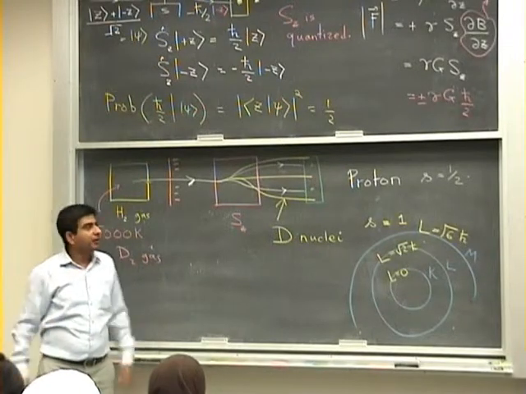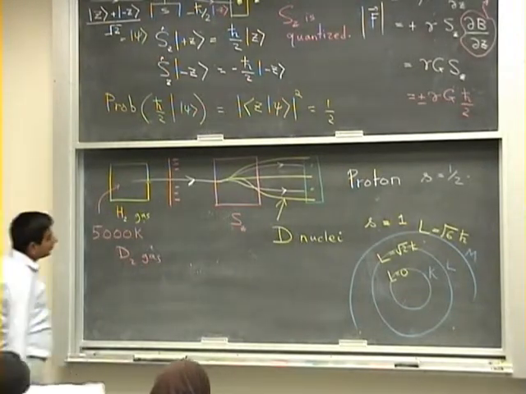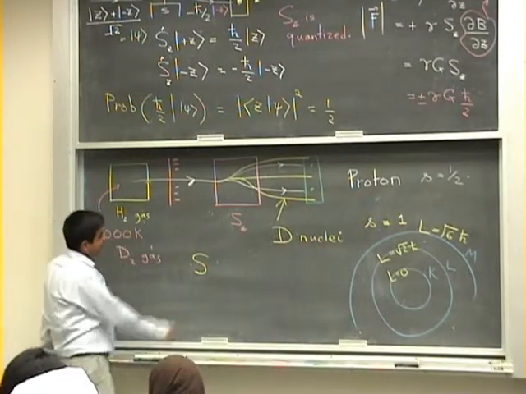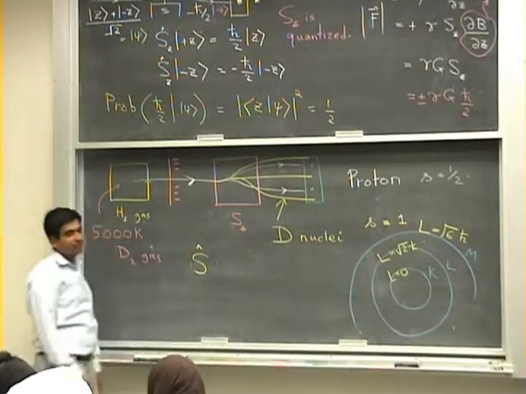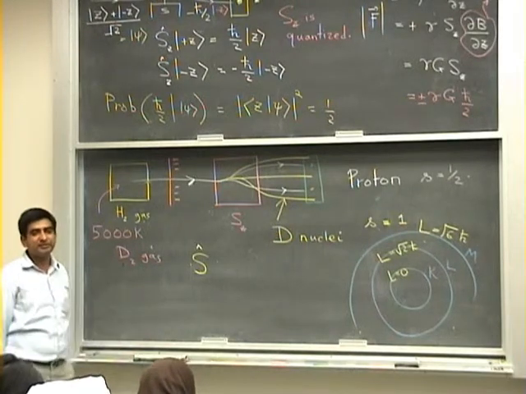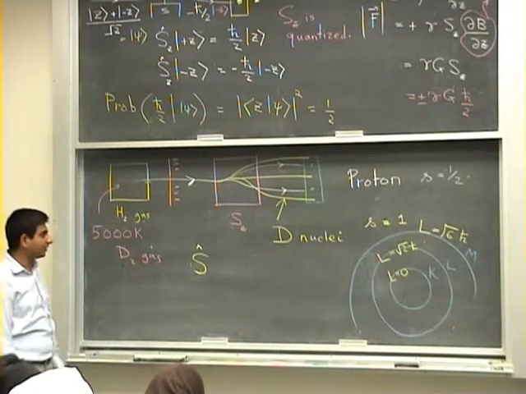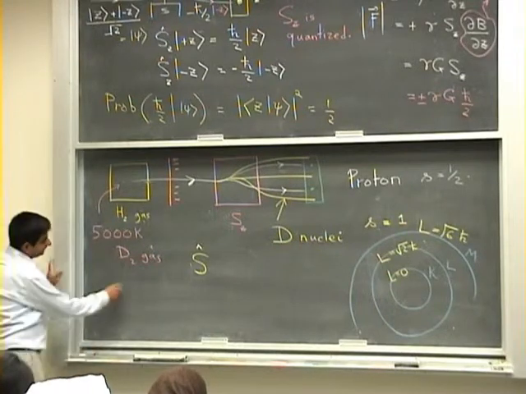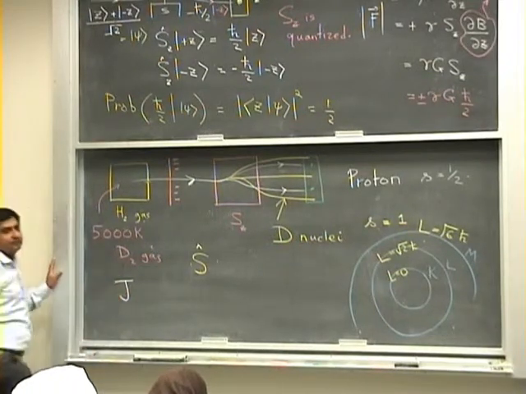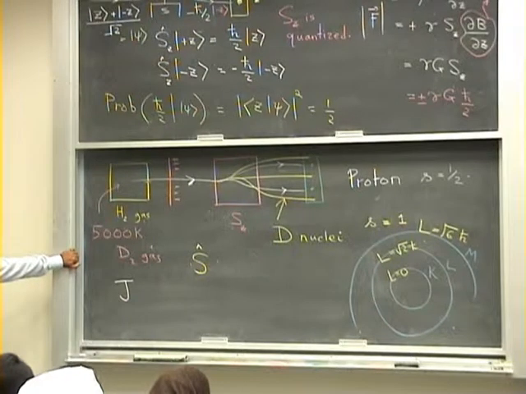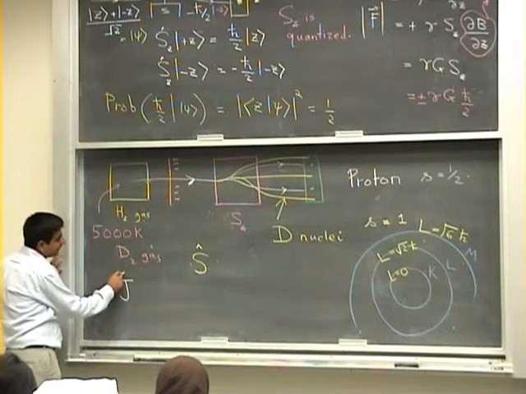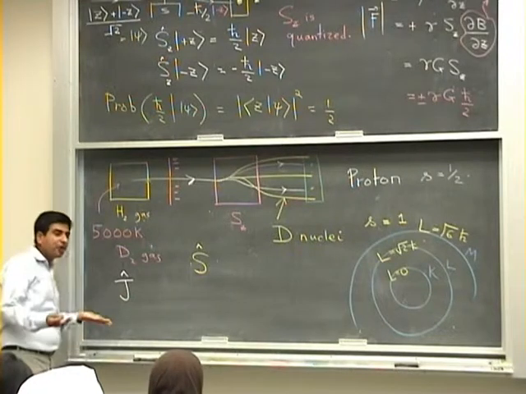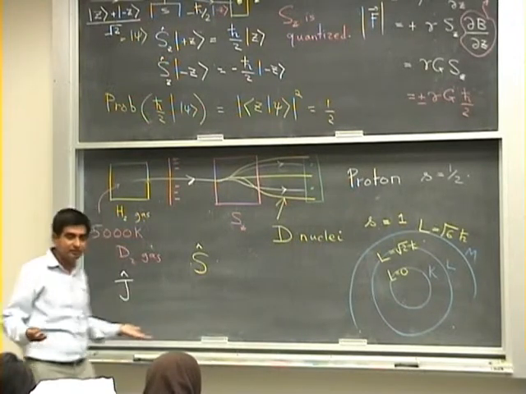Just like we denoted S as the spin angular momentum, and put a hat on top of it to call it the spin angular momentum operator, generalized angular momenta are denoted by J. This is an observable, so I can represent it by J hat. It will have the three components Jx, Jy, Jz.